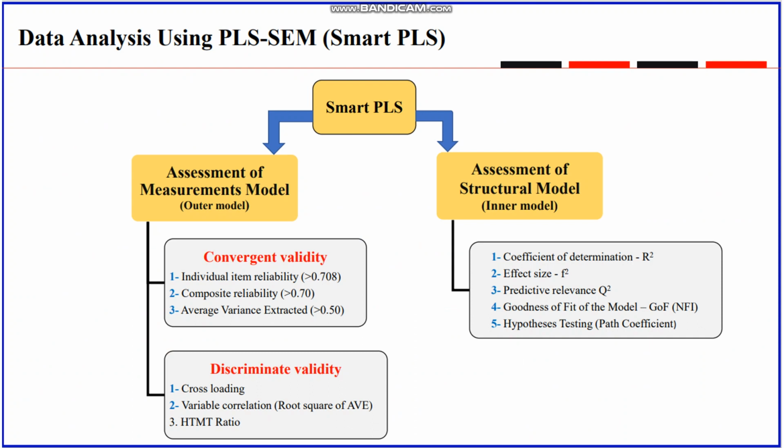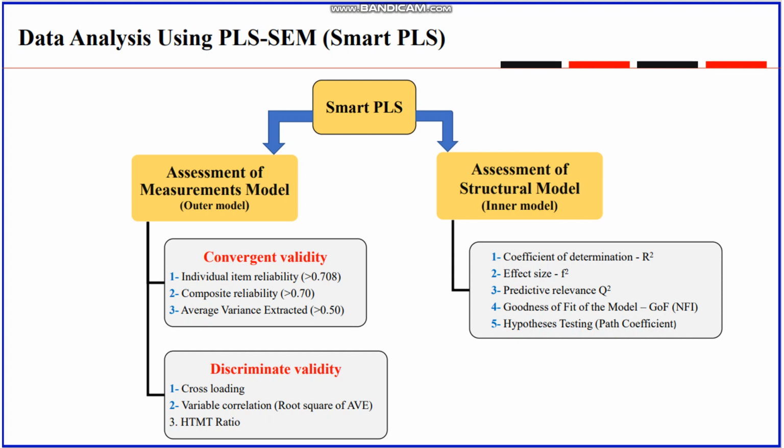So when we try to measure the discriminant validity of the constructs, then we are supposed to check the fulfillment of the requirement of three criteria. Number one is cross-loading. Number two is the Fornell-Larcker criterion, in which we find the square root of the average variance extracted. And the third one is the HTMT ratio. The heterotrait-monotrait ratio should be less than 0.85 between the constructs, and the lower the ratio, the better the discriminant validity.